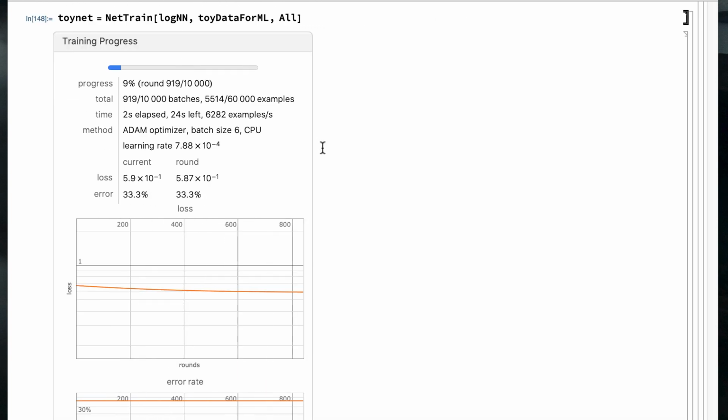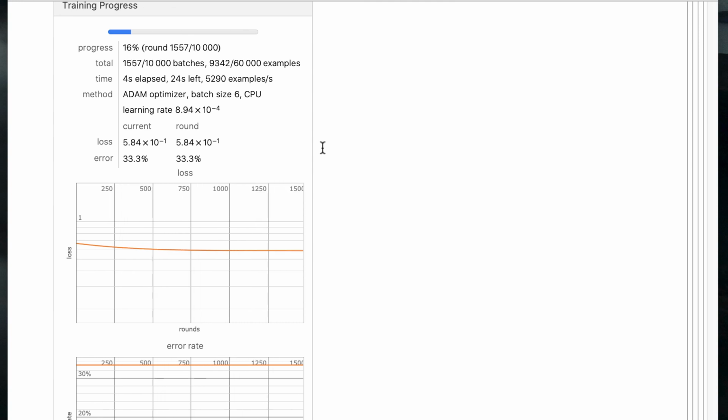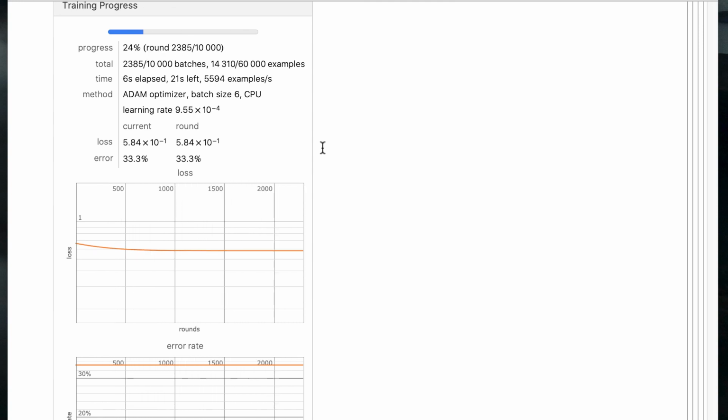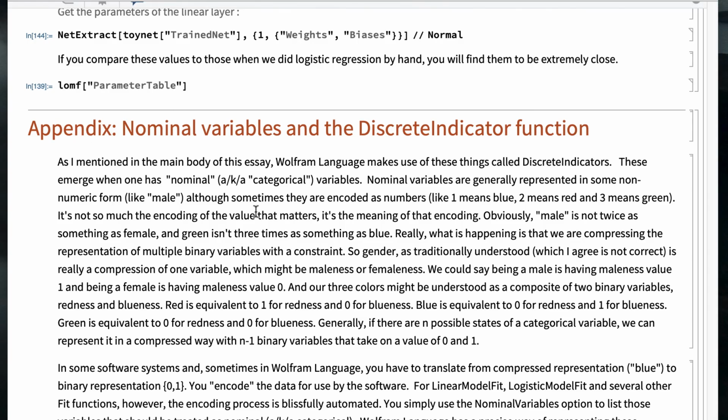It's running away, ka-chunk, ka-chunk, ka-chunk. It keeps running this data through and adjusting it. You can see that it's using something called an Adam optimizer. It's only one little CPU. Real neural nets tend to work on multiple GPUs, but this is a very simple problem, and I could have this thing done already. You can see perhaps that we're not actually gaining anything right now.